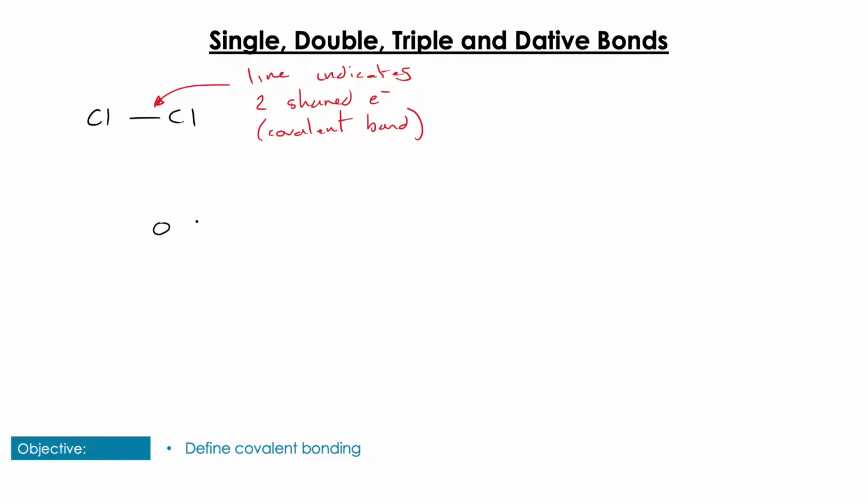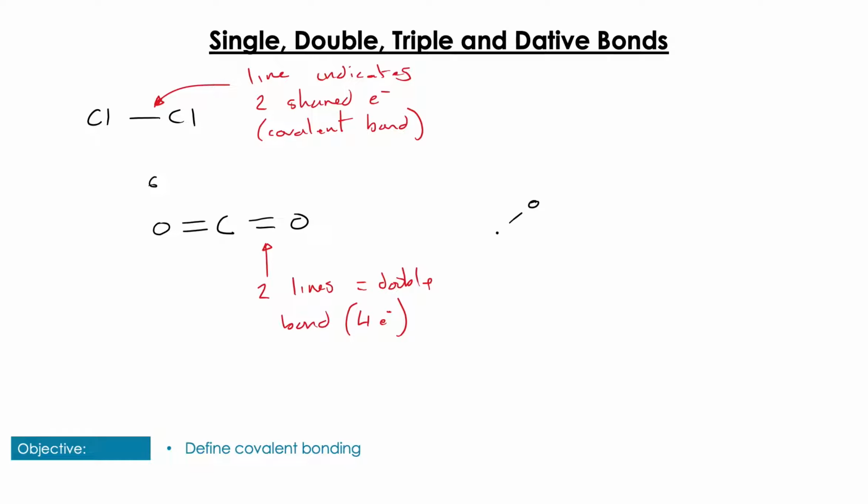In CO2, however, we have oxygen, which has 6 outer electrons, and carbon, which has 4. So carbon can form 4 bonds and oxygen can form 2, which leaves these 2 lines representing double bonds, and that is 4 shared electrons between each of the carbon and oxygen atoms.